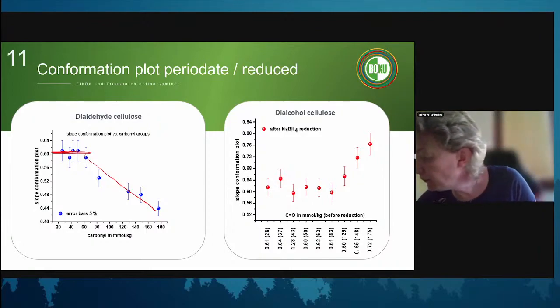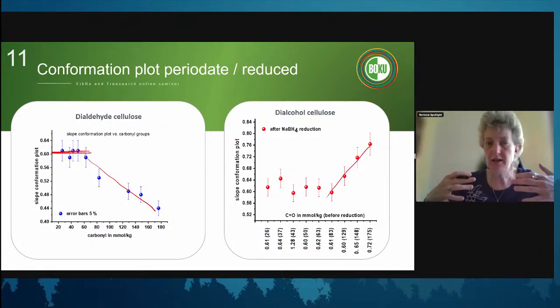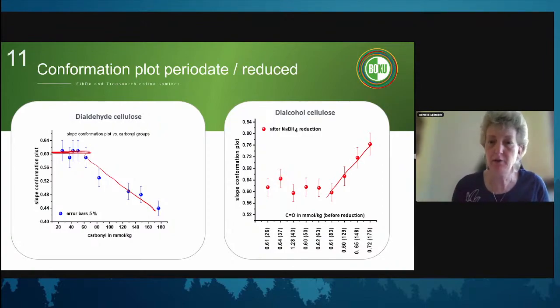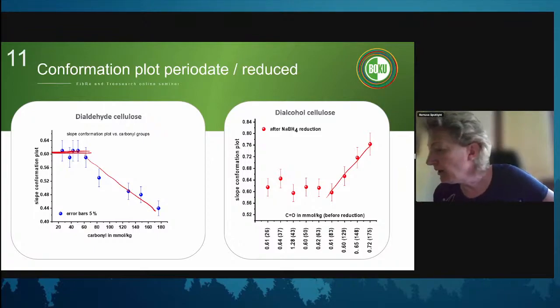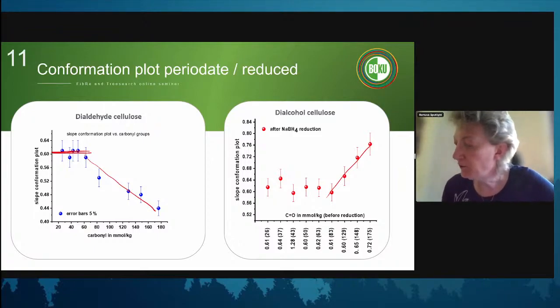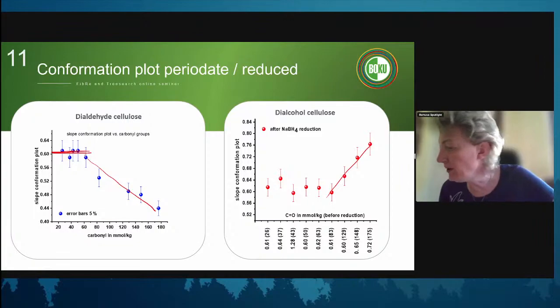The slope of the conformation plot goes up, because now we prevent cross-linking by removing our aldehyde groups. The cellulose molecule becomes a lot more flexible because we have opened up the C2, C3 carbon-carbon connection, and we see that the slope of the conformation plot rises to 0.8 something.